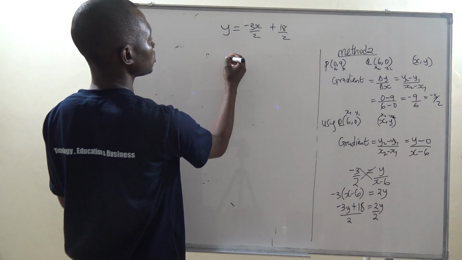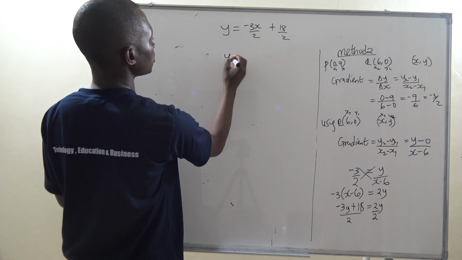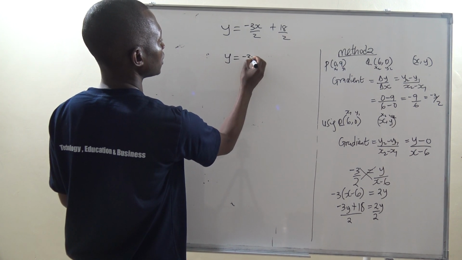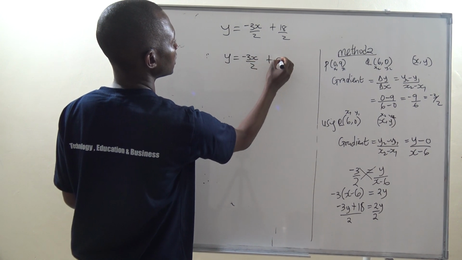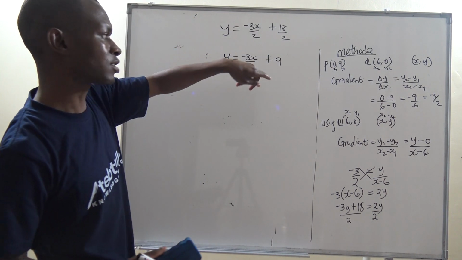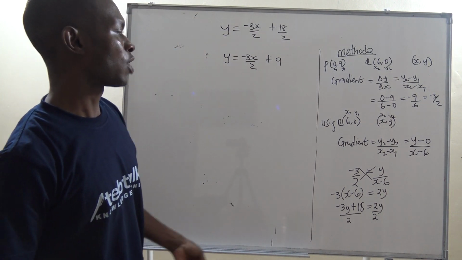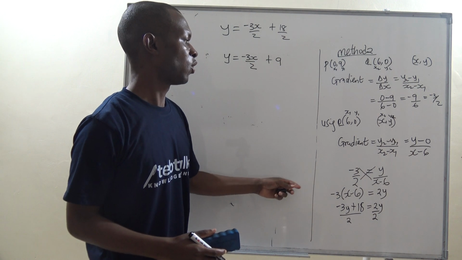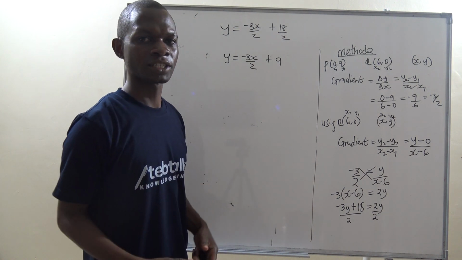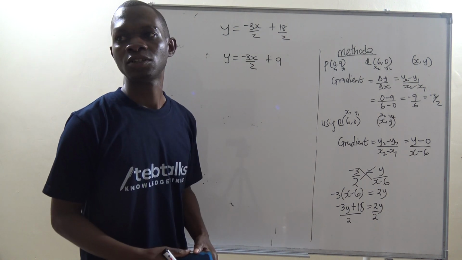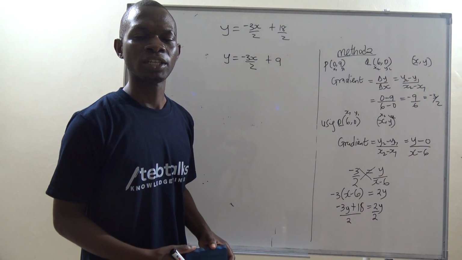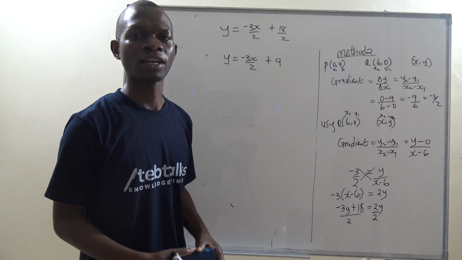You can leave it like that, or you simplify it: negative 3x over 2 plus 9, which we had at first also. So you can use this second method or the first method, you still get the same answer. So for now, let us stop from there as I come in for another one.